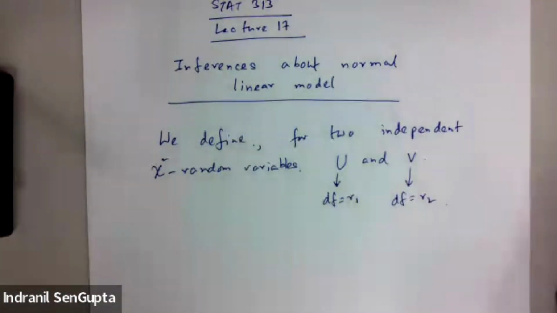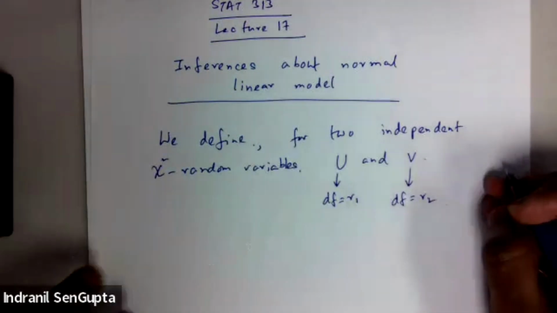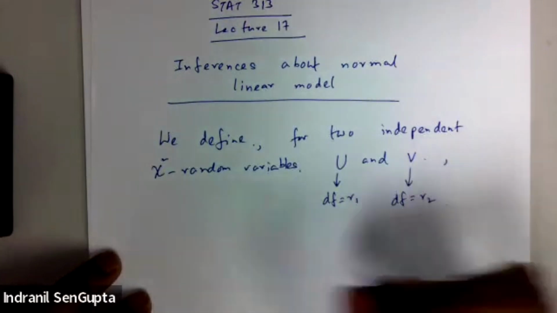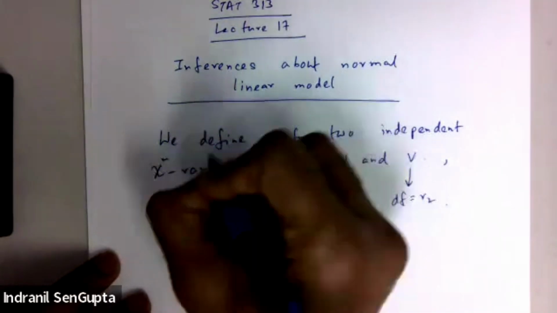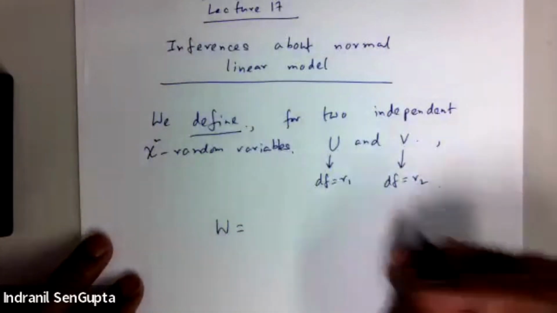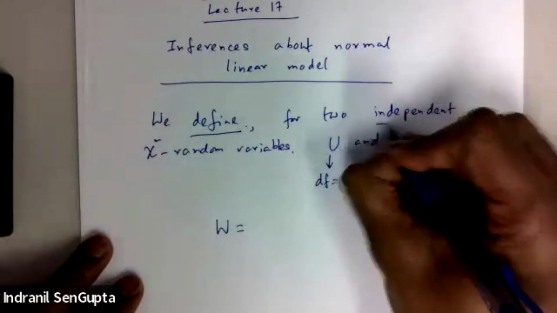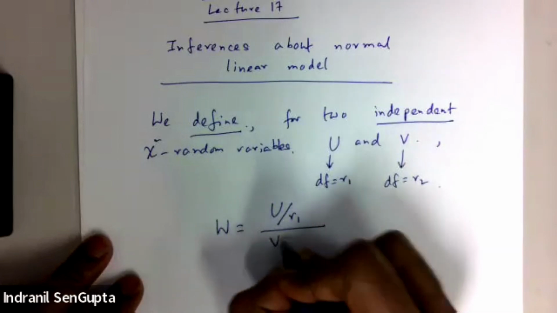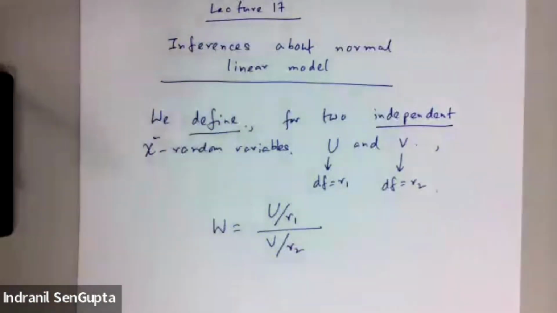We define a quantity W, which is given by U over R1 divided by V over R2.